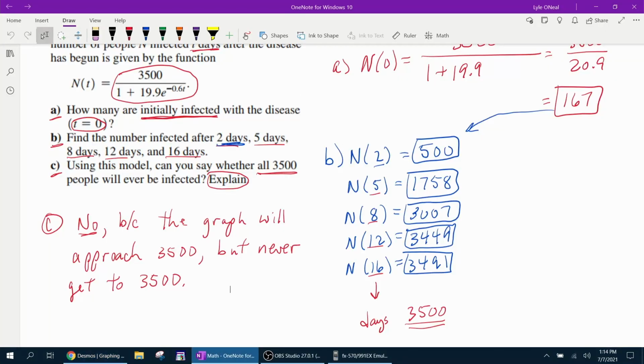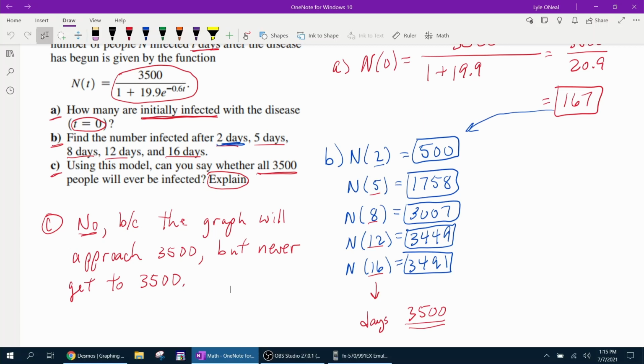The bottom line is, it says, using this model, can you say whether all 3,500 people will ever be infected? Explain. Maybe your answer is yes, because eventually everybody does have to be infected. But mathematically, the answer is no, because that's a horizontal asymptote, okay?